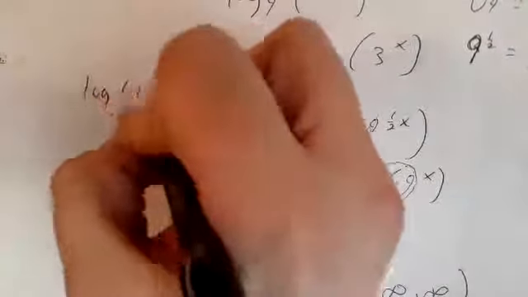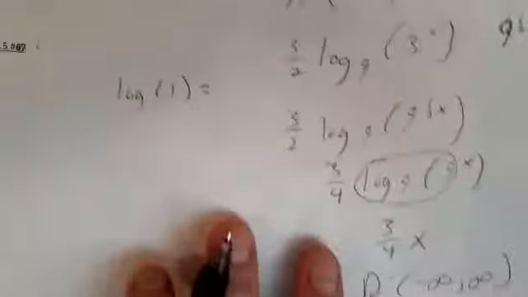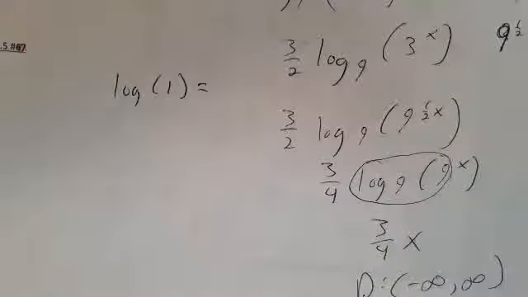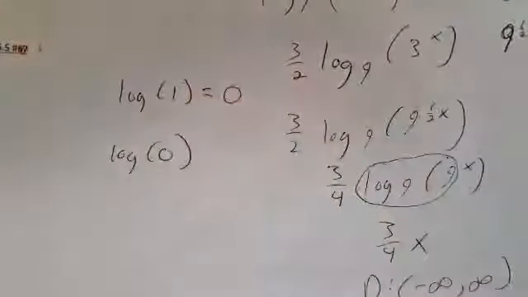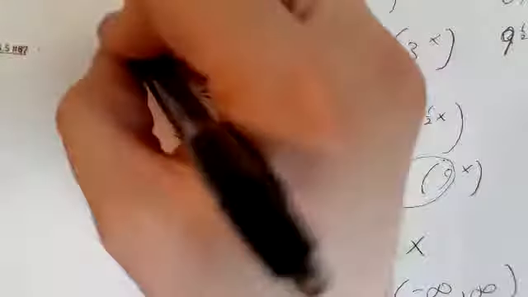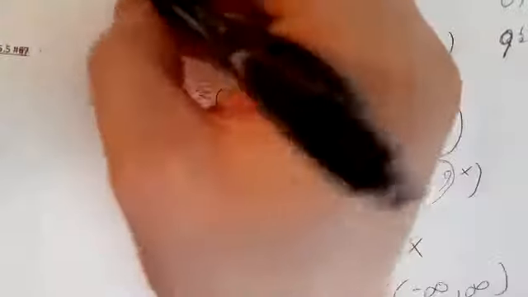As a quick recap, log of 1 is what? What number is that? 0. Absolutely. Log of 0 is what? 1. Ah, no. Well, let's do 5. 5 to the what power is equal to 0?